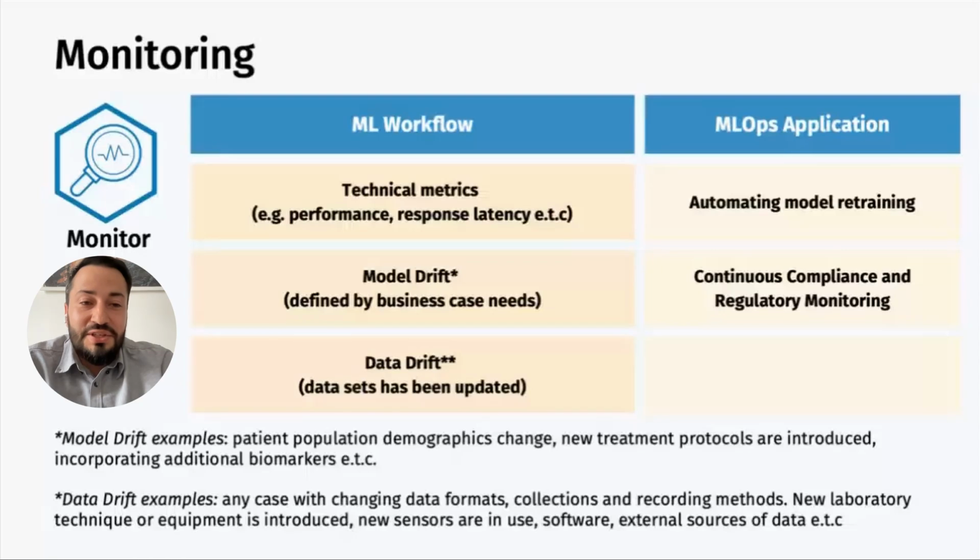And ideally, we need to monitor it and do this automatically. This is the beauty of MLOps, when we can automate this process. Another case is when the external sources of data have been updated or changed, or the format has changed.